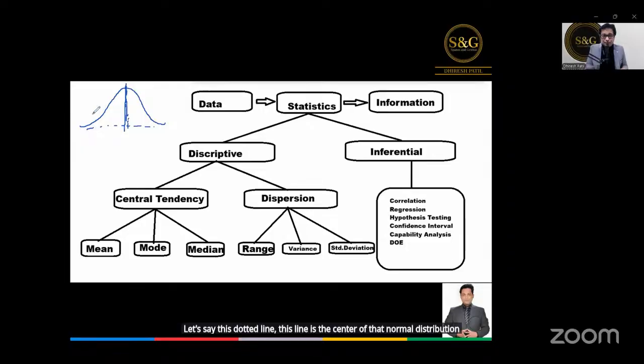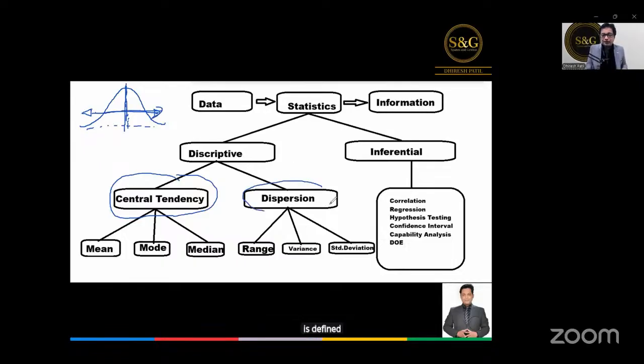And second, there is a spread of that distribution of the data. So the center of the data is defined by the central tendency and the spread of the data is defined by the dispersion.